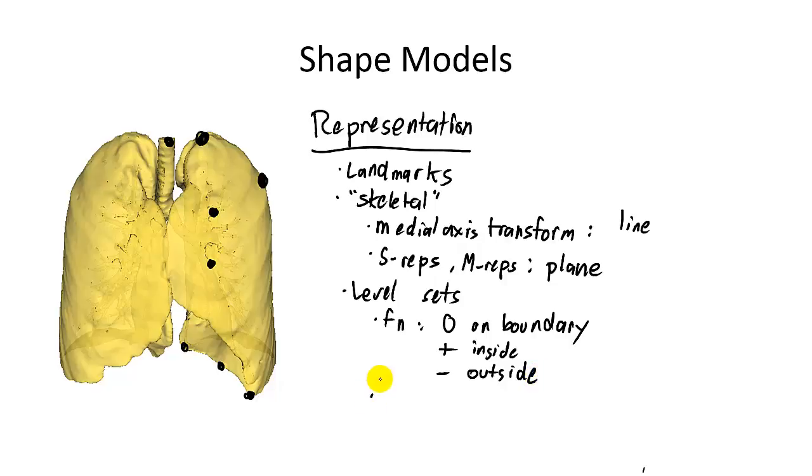One commonly used level set representation is the signed distance transform. And this is really just the physical distance from the boundary, but positive inside and negative outside. So this location here, if this were, say, 3 millimeters, then the value at this voxel would be -3. Similarly for a voxel 3 millimeters inside from the boundary.